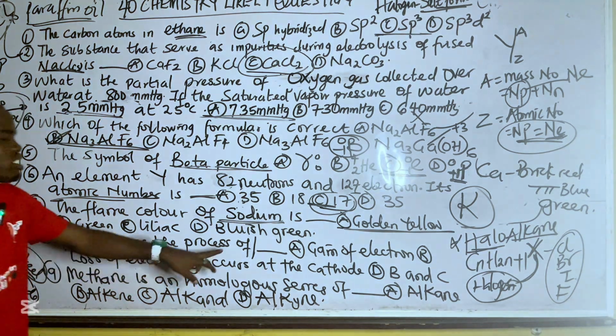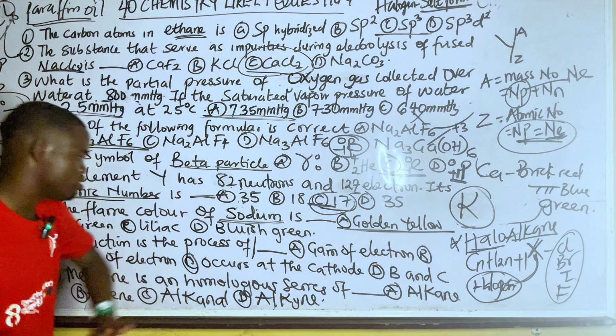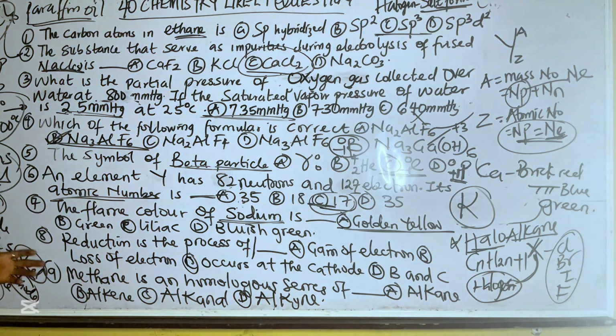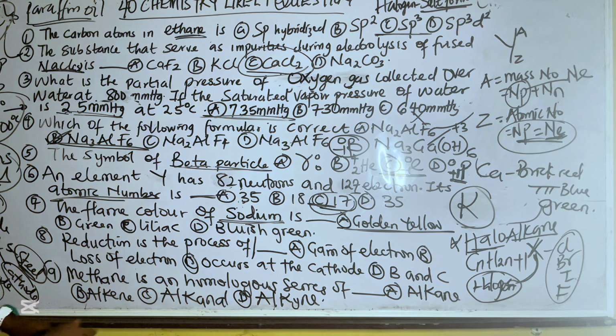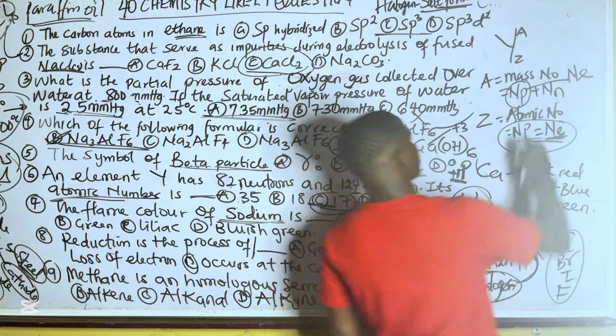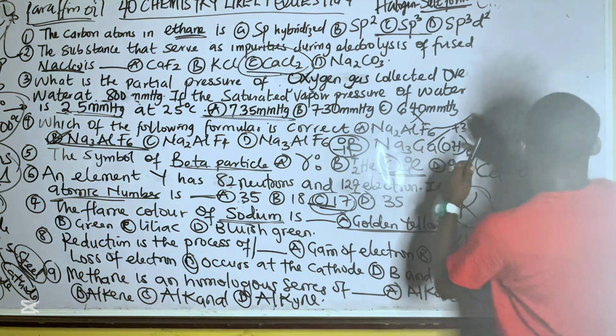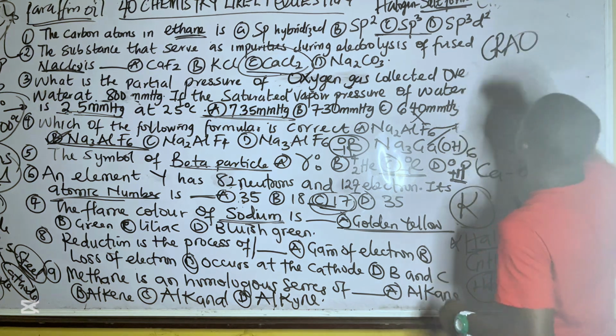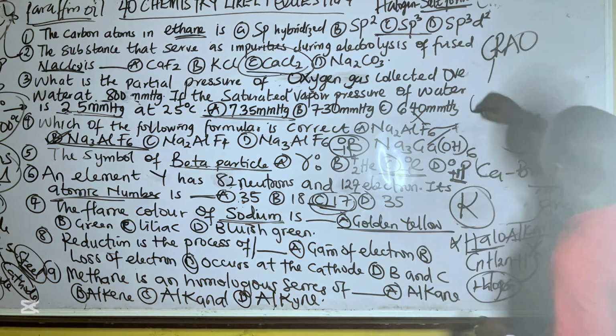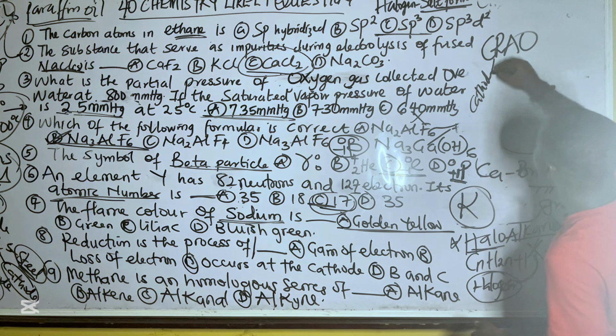Reduction is the process of dash, or there are two questions there. It can be one option or two options. Don't forget that reduction, right? You must never forget this mnemonic. What is the mnemonic? Cryo. What is cryo? Reduction at cathode. At cathode, what happens?